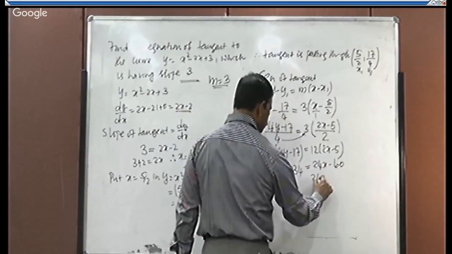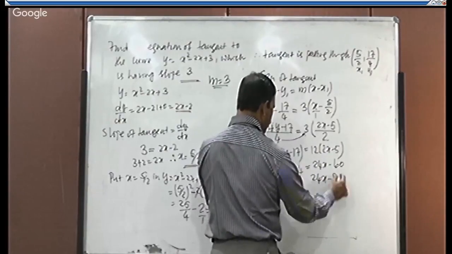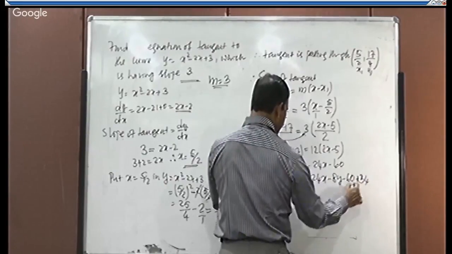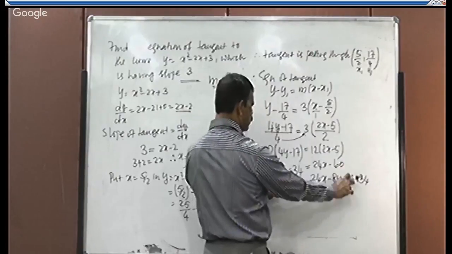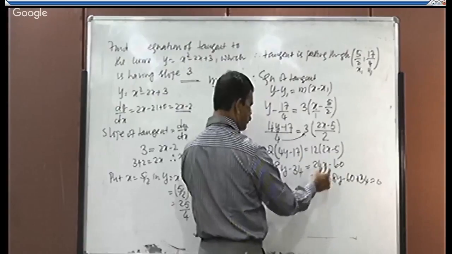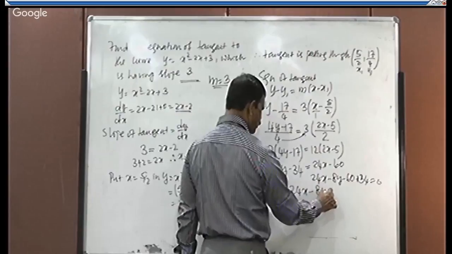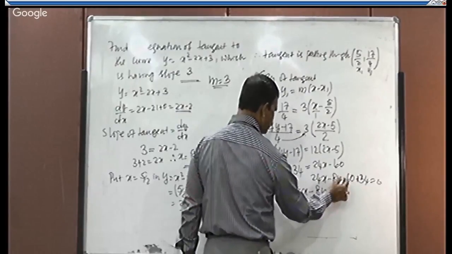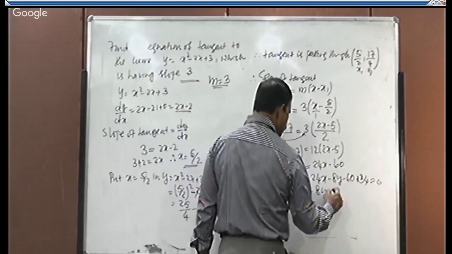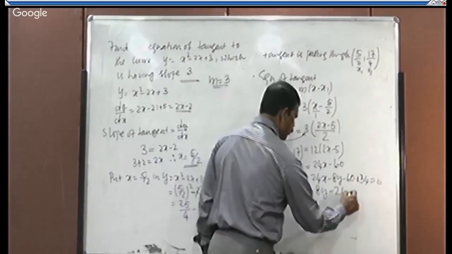24x minus 8y minus 60 plus 34. Minus 34, when it is transferred to the other side, it becomes plus. Plus 8y becomes minus 8y, which is equal to what? 24x minus 8y is equal to minus 60 plus 34, which is equal to minus 26. So 24x minus 8y minus 26 is equal to 0.